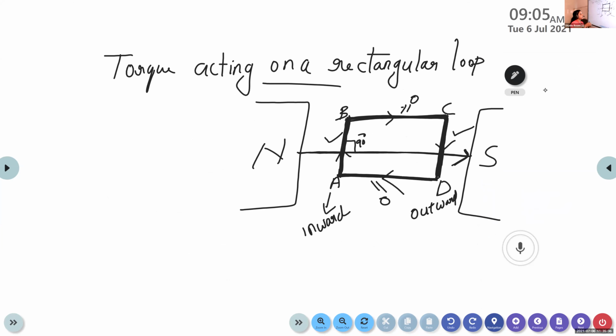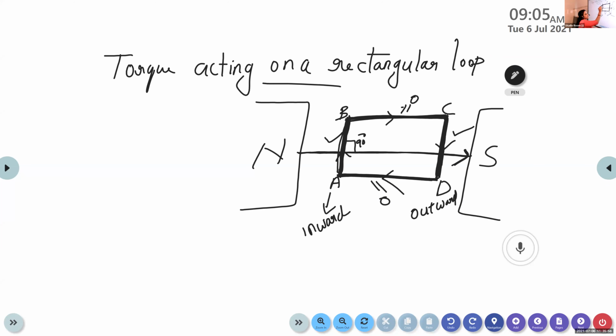So here we are discussing an expression for torque acting on a rectangular loop. For that, we consider a rectangular loop ABCD placed between the poles of two powerful magnets N and S. Whenever the current I is passing through a rectangular loop, it produces a magnetic field and it experiences a force.